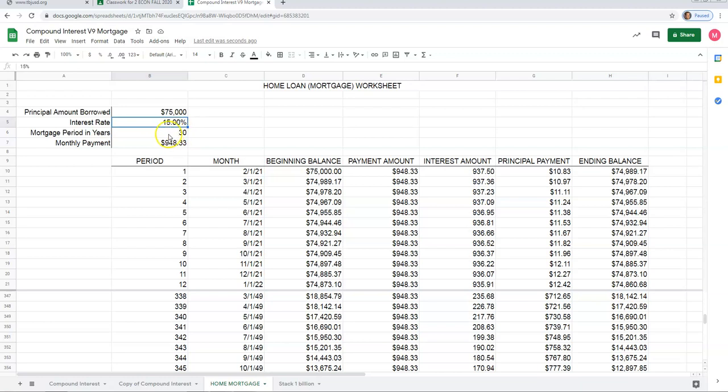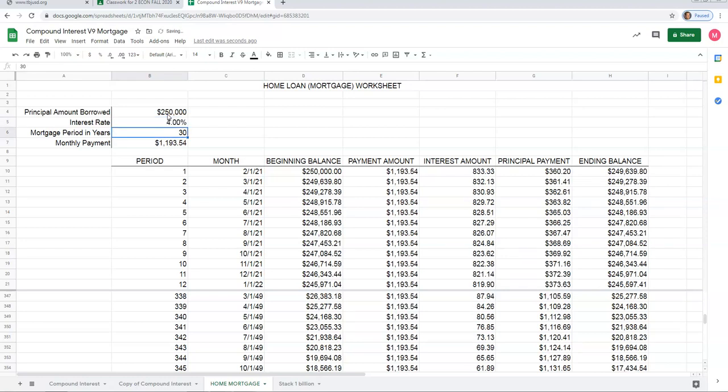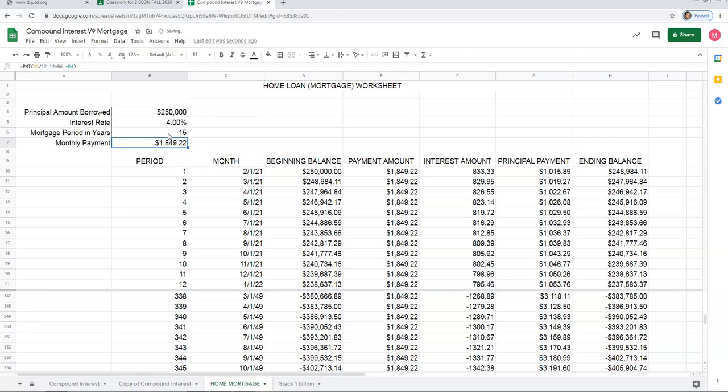You can also change the period, number of years. You could get a home loan for 15 years. So let's see what happens if you buy a $250,000 home at 4%. For 30 years, your payment's $1,193. Change that to 15 years, and the payment goes up to $1,849.